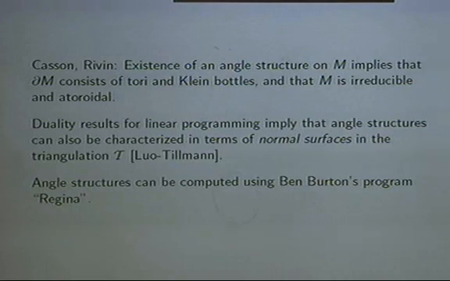Okay, so these angle structures are fairly easy to understand, and they can be computed, for instance, using Ben Burton's program Regina for studying normal surfaces. So this is the first part of our procedure to find hyperbolic structures. First, we do this linear programming problem and find solutions for this.